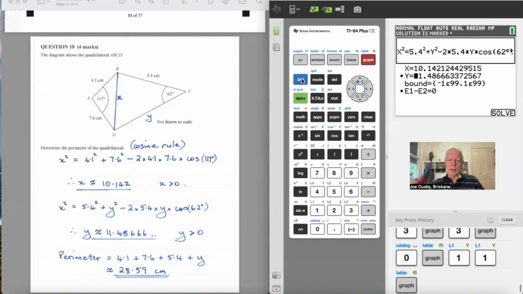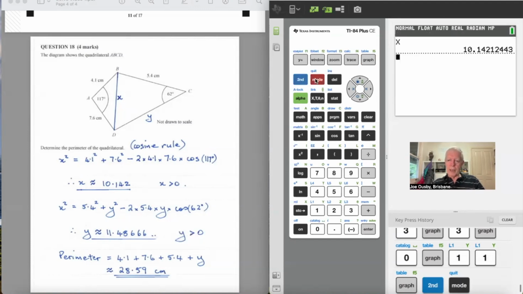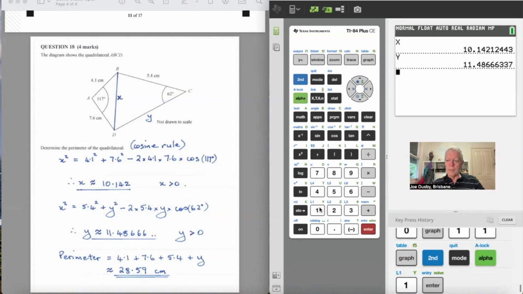Now, if I quit out of here, some of my students are a little bit nervous at this point. They're saying the calculator still knows what y is, to which I'm saying, yes, it does. And then there's a case of just going straight to the perimeter.